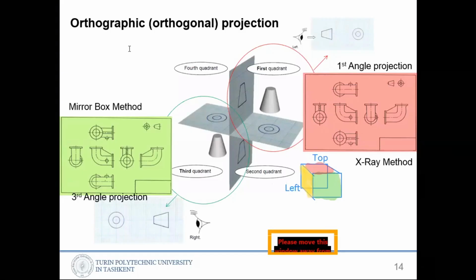And then this side is the front side of the part. So when you draw using first angle projection, you have to draw like this. So we have a page like this.